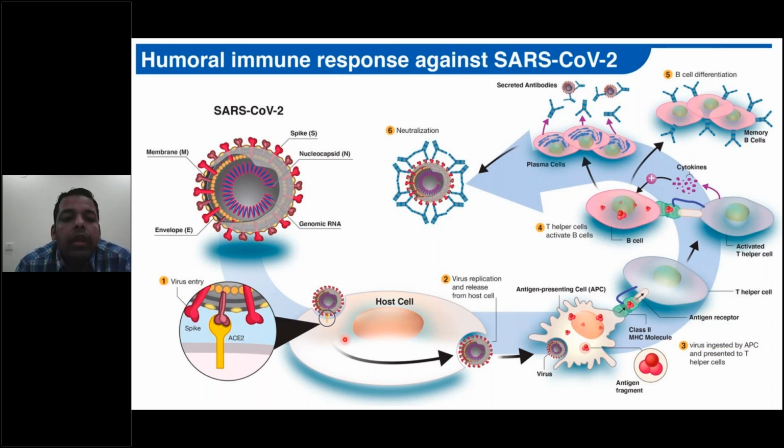Inside the cell, the genome of the virus gets duplicated using the protein synthesis machinery of the host cells, by which structural and non-structural proteins of the virus are made. The RNA is replicated, resulting in formation of multiple more viruses, which are then released from the host cell into the circulation.